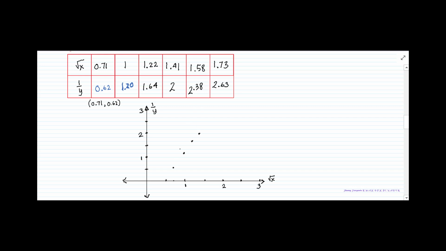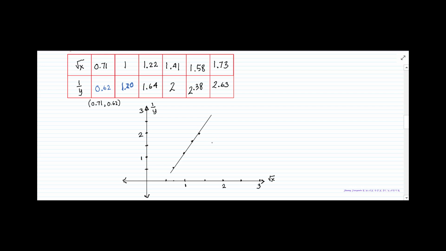So after you plot all these points, you will have one straight line that connects all of the points. Mine is a little bit not accurate because, as I told you before, I don't have millimeter block in this application.